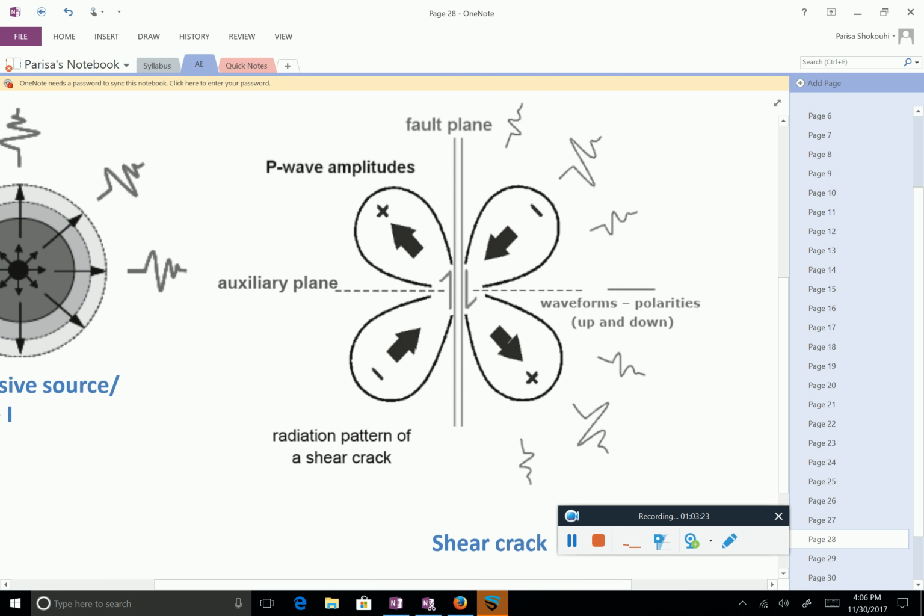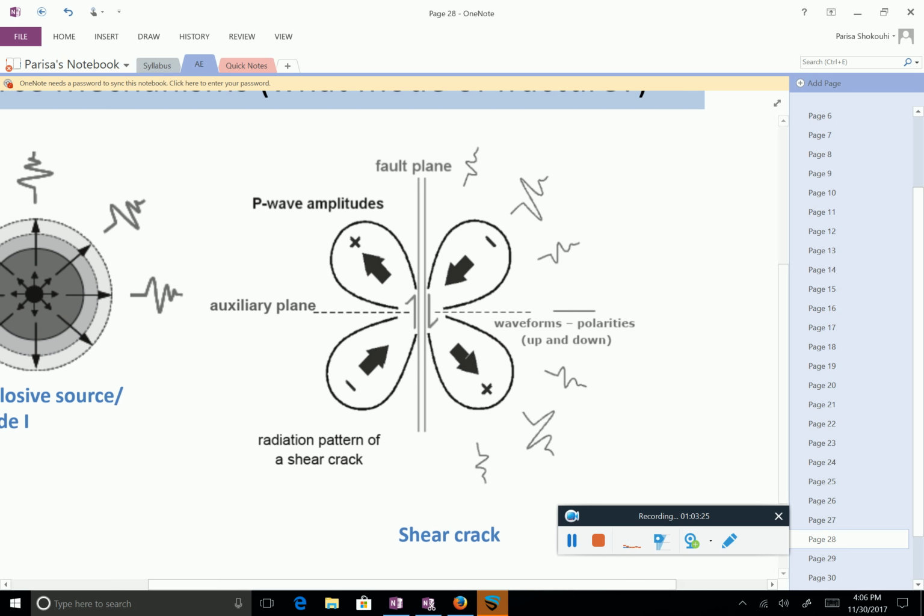Now if you have a situation where you have a shear crack, so here is shearing like this, depending on where the sensor is, you may have a positive or negative. Places where the sensor is being pressed, you are still going to get the positive, and where it's going to be pulled in a way, you're going to get a negative.